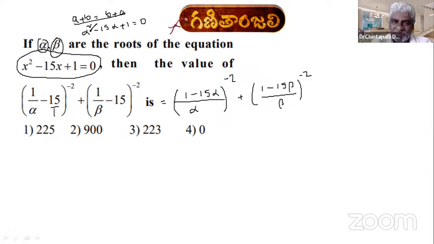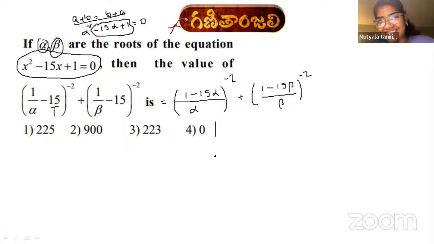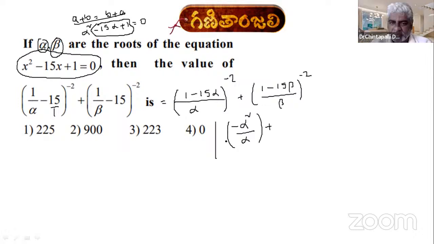What is minus 15 alpha plus 1? Negative alpha square. Very good. So 1 minus 15 alpha is nothing but minus 15 alpha plus 1, which equals negative alpha square. So this part is (negative alpha square by alpha) whole to the power of negative 2.